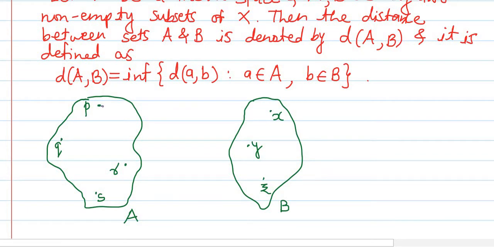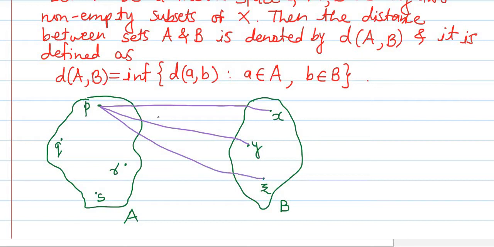The distance of point P from the point X I am showing by this blue colored line. Next, the distance of P from the point Y is shown here. The distance of point P from the point Z is shown here. So we have considered the distance of point P from each and every point of the set B. Next, we will consider the distance of point Q from each point of set B. First of all, the distance of Q from the point X is such. Next, the distance of Q from the point Y I am drawing here.